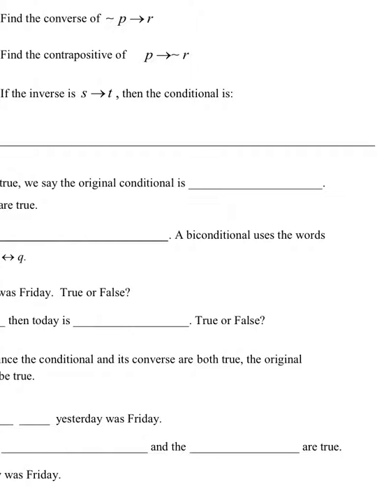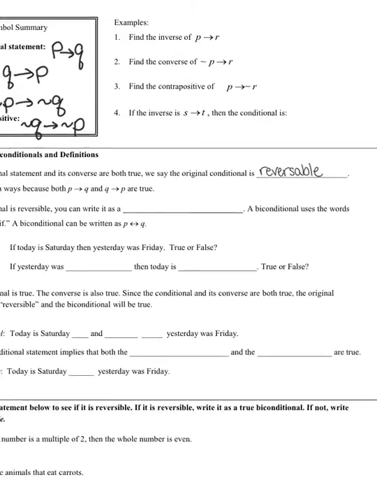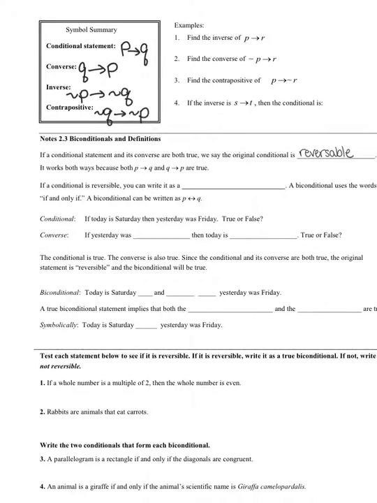Reversible. So we say the original one is reversible, since both P implies Q and Q implies P are true.